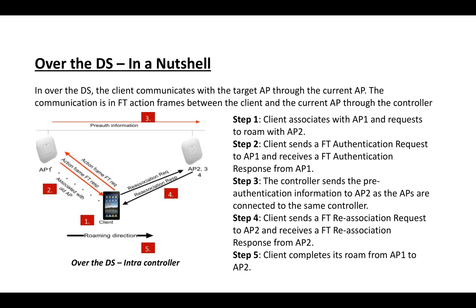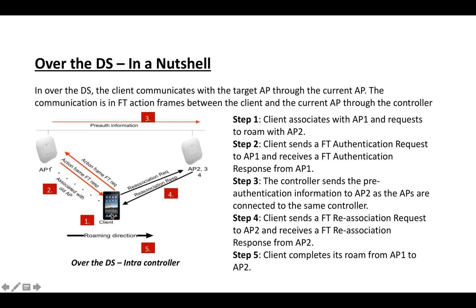Now if we are looking at over the DS, as the name suggests, all of the communications are happening over the distribution system. Again, same scenario: we have two APs on the same controller, and this is intra-controller over the DS roaming. The client is trying to move from AP1 to AP2.